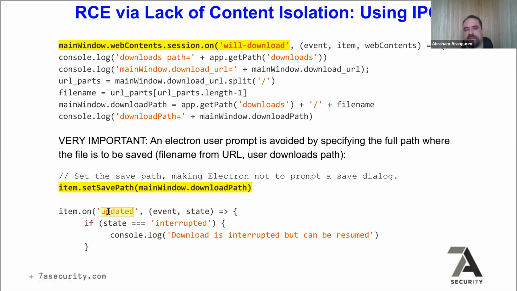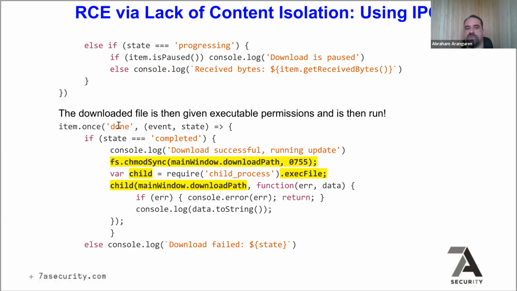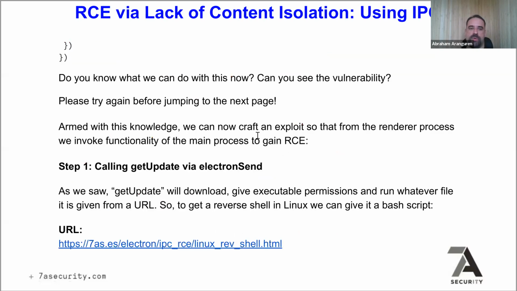And then there are some events like updated and so on. And then eventually the done event, right? So when the download is finished, it will fire. And then this is just setting executable permissions for the update. And then it tries to execute the update, right? So this downloads the update and so on.